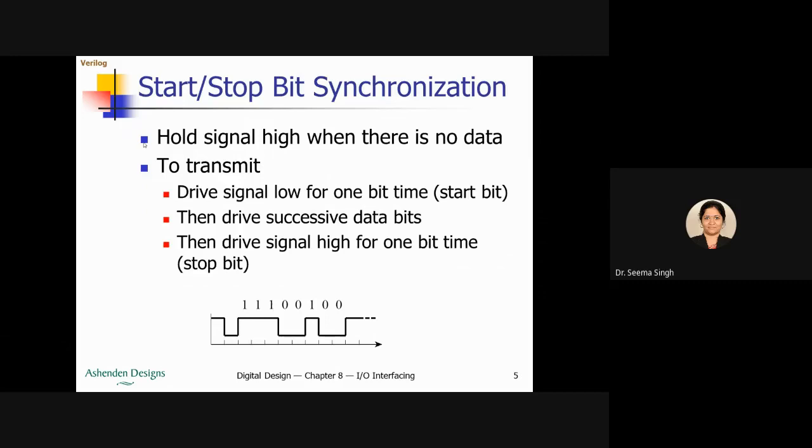Number two is by signaling the start of a serial code word and relying on the receiver to keep track of individual bit intervals.